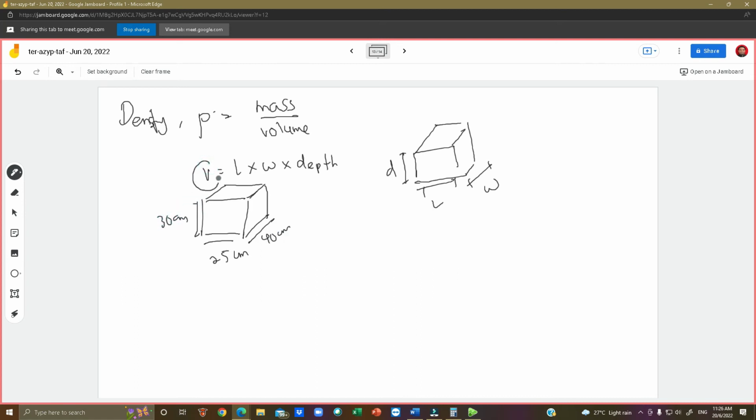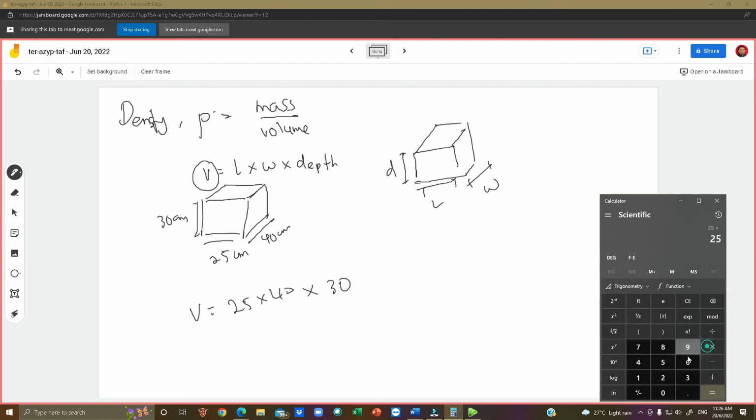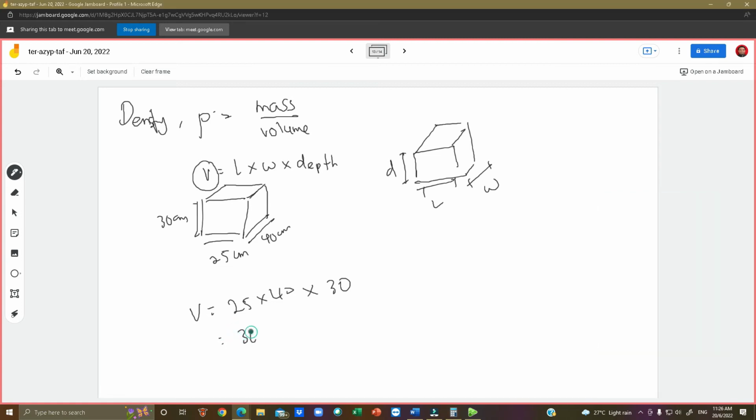So V equals 25 times 40 times 30, so we have 30,000 centimeter cubed. 1000 centimeter cubed sama dengan 1 liter, so 30,000 centimeter cubed will be equal to 30 liter.